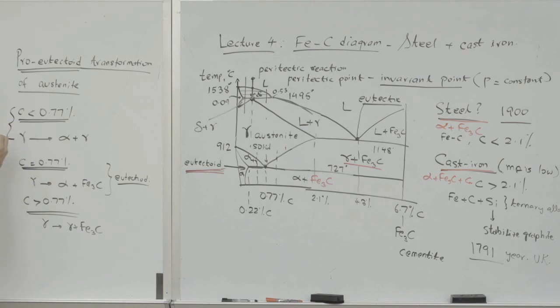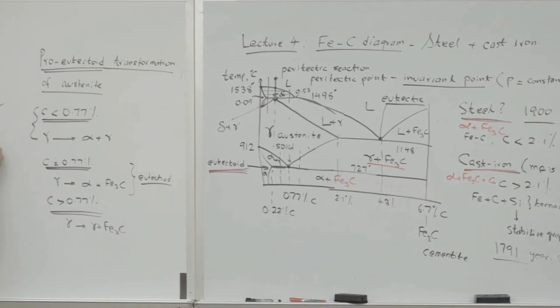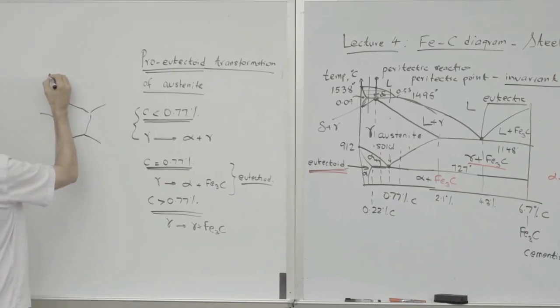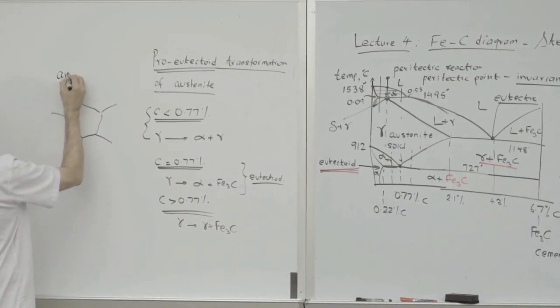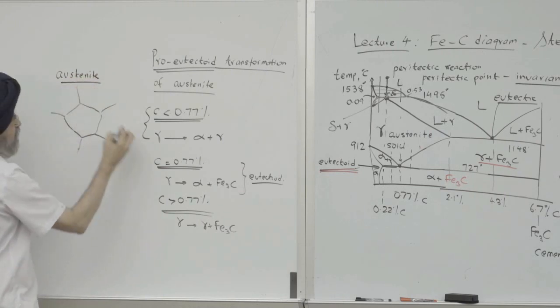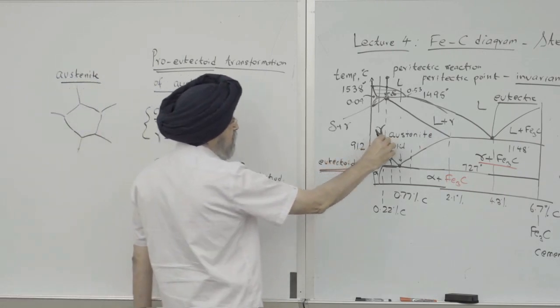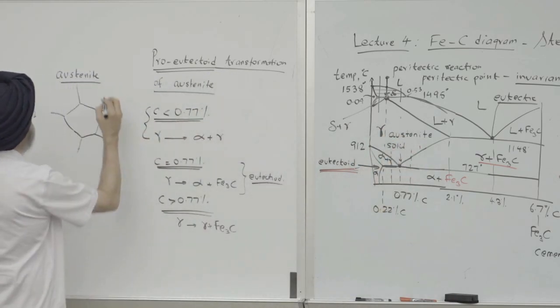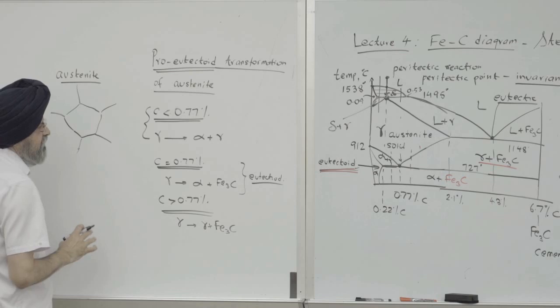Let me draw the structure. The grain structure for austenite, I'm just drawing a few grains. So let's suppose we are in the austenite region. It's a single phase, and this is austenite.